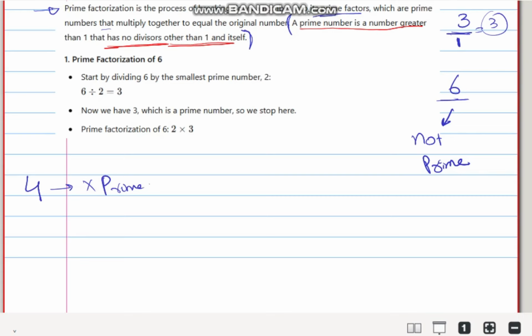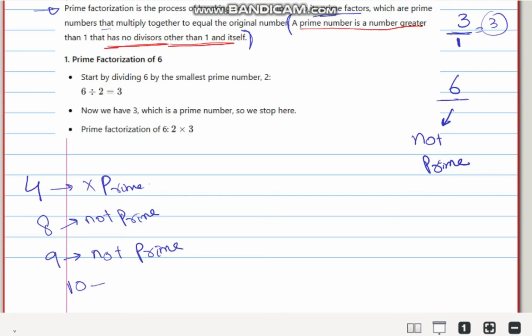So is 8 a prime number or not? Sir, no, it is not a prime number. And what about 9? Is 9 prime or not? Yes, sir, it is. And what about 10? Is 10 prime or not?